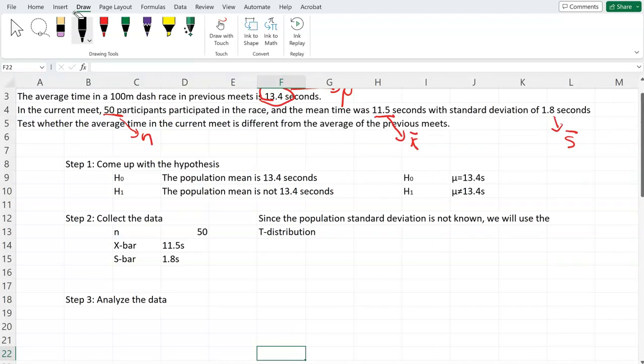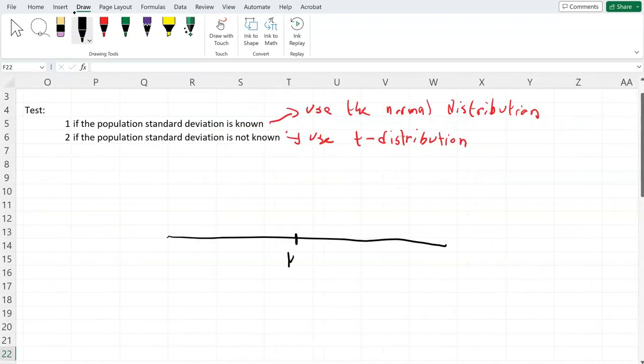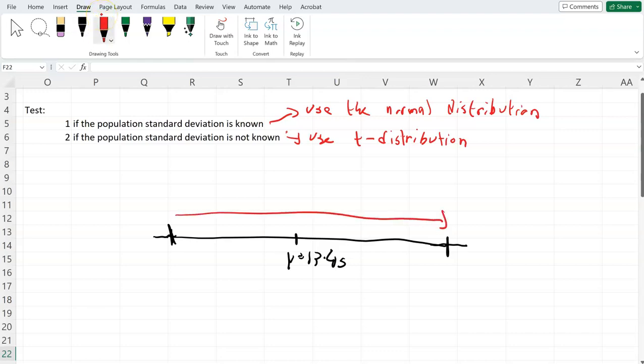If it were truly 13.4 seconds, then using the central limit theorem and repeatedly doing this sampling and testing, I could find that 95% of the time, or 99%, or 90%, let's just use 95% as an example, the sample means would lie within 2 certain thresholds. So 95% of the time, the values would lie between some seconds here and some seconds here.